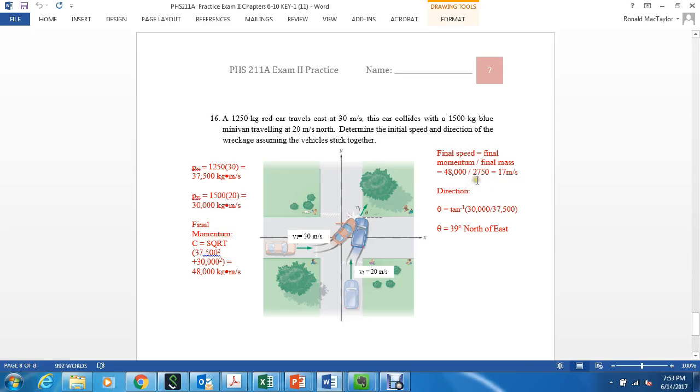And so that's 2,750 kilograms, so 48,000 divided by 2750 gives a final velocity of 17 meters per second. And then the angle, since I know the opposite and adjacent values, the angle theta equals inverse tangent of opposite over adjacent. That's 39 degrees north of east.